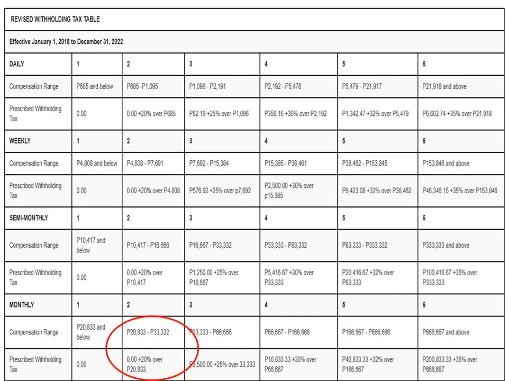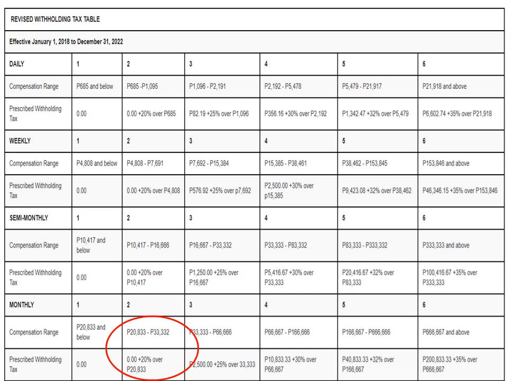So meaning we fall on 33,332 below because it's 33,200, and not on the above or on the third column, because what is being computed for this one is the taxable income, when all the deductions from our salary have been deducted already.